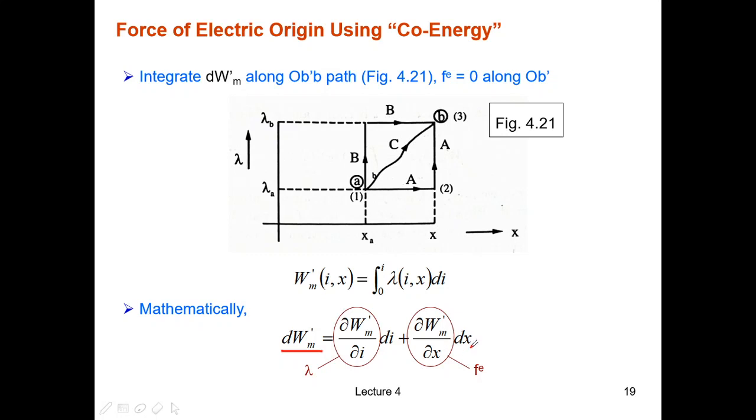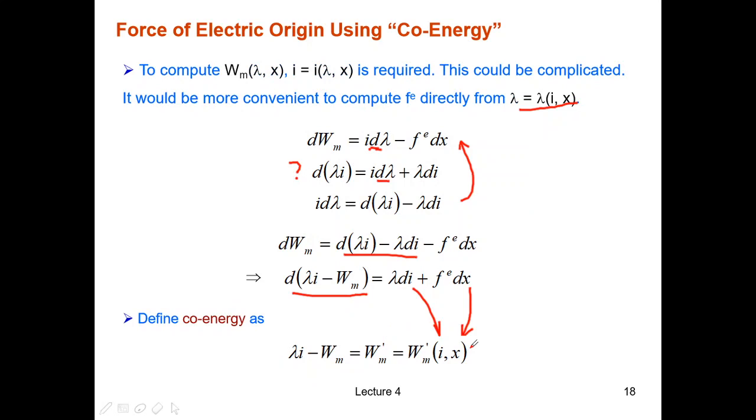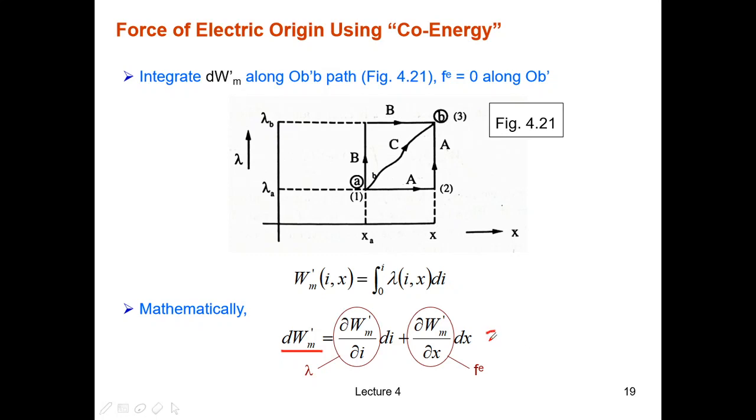And similarly to the previous one, remember we have this as well, so that d of Wm dash will be lambda di plus fe dx. This is equal to fe dx plus lambda di. Sorry for the handwriting, but I guess you see what I mean. So this is fe, and this is lambda.